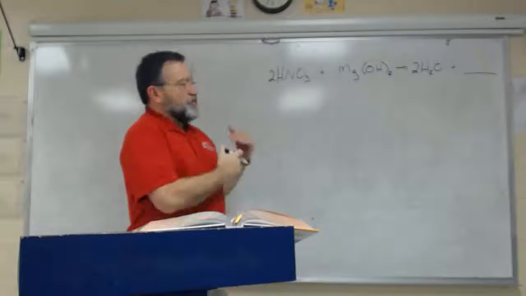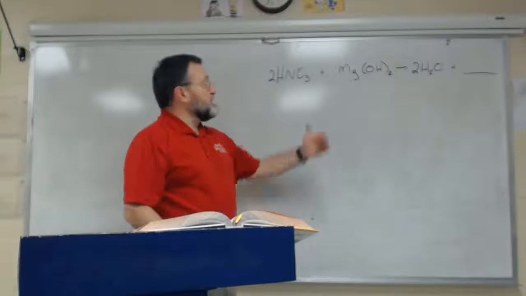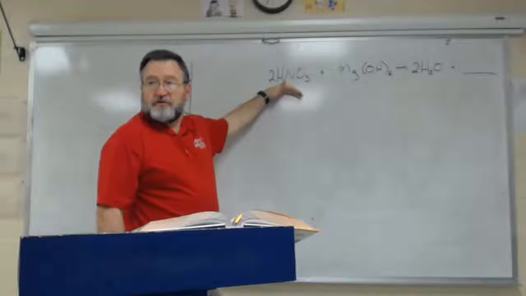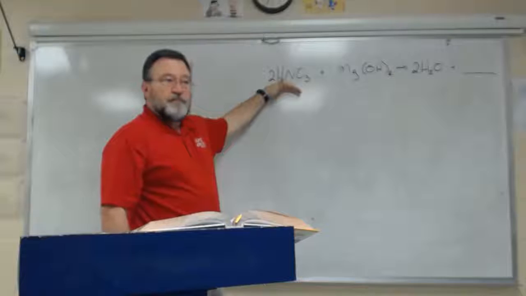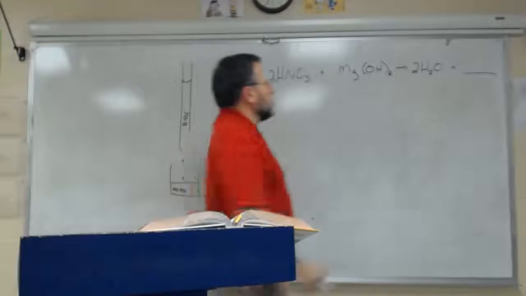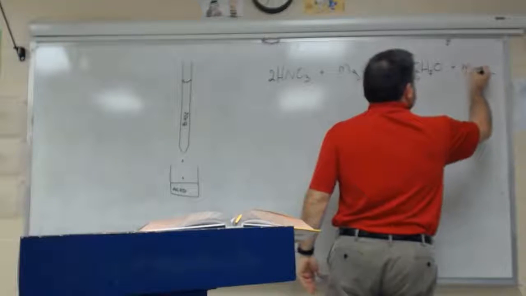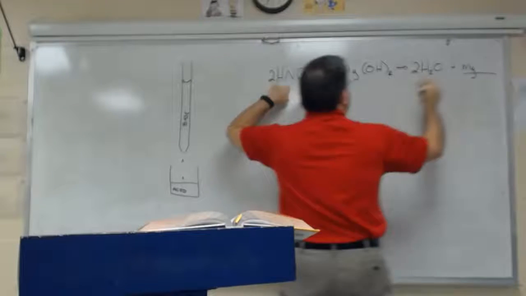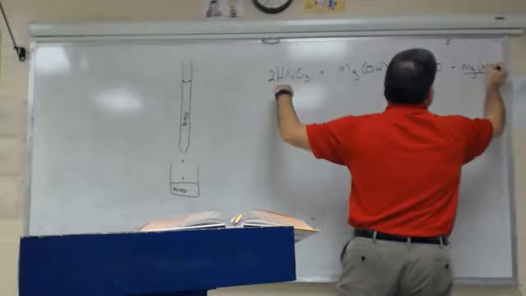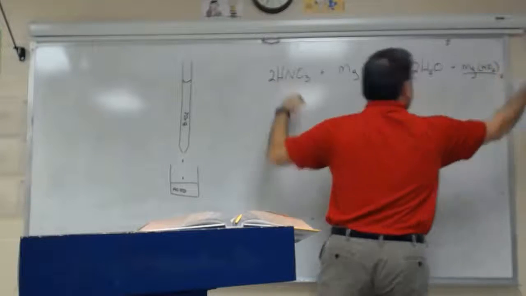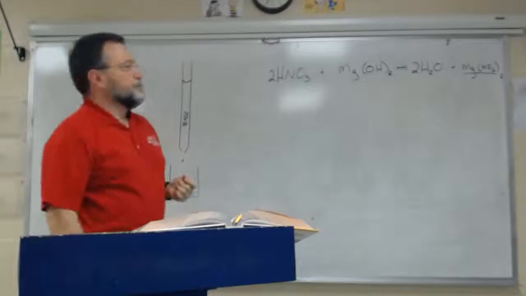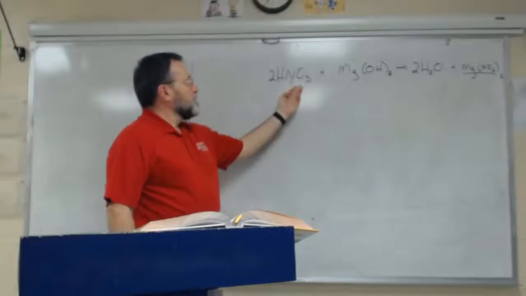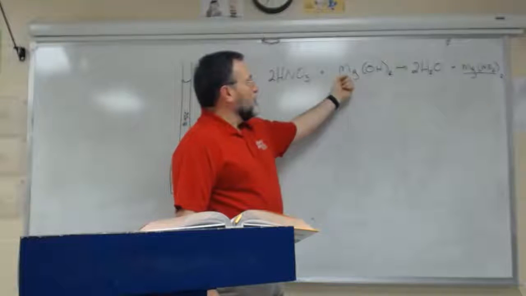And now we're left with the salt. What's the salt going to be? Well, it's going to be the metal from the base and the leftover portion from the acid. So it's going to be magnesium nitrate, right, because I've got 2 and 1.